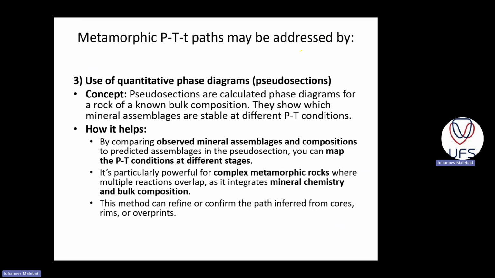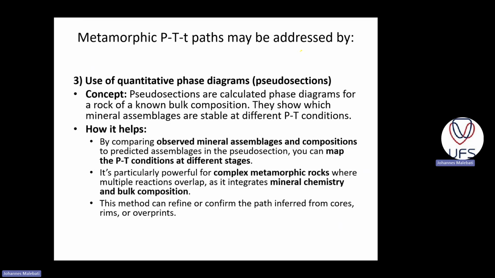It is particularly powerful for complex metamorphic rocks where multiple reactions overlap, and it integrates mineral chemistry and bulk composition. So basically we are combining mineral chemistry and bulk composition, all right, to be able to unravel the complex metamorphic history.